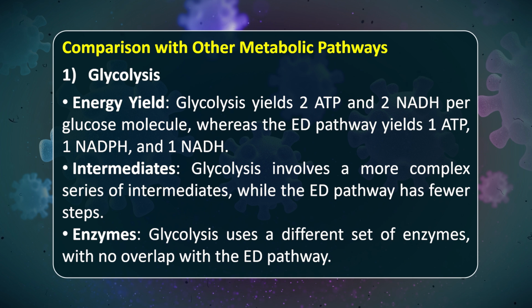Talking about the intermediates, glycolysis involves a more complex series of intermediates, while the ED pathway has fewer steps. Enzymes: glycolysis uses a different set of enzymes, with no overlap with the ED pathway.